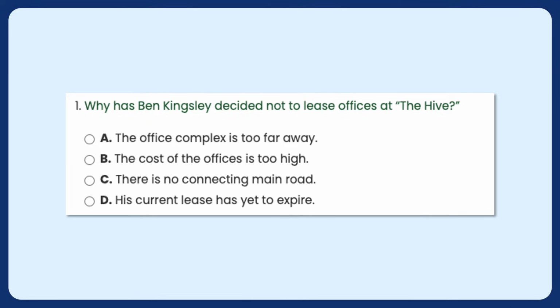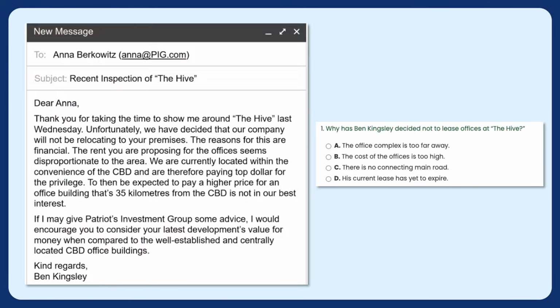Some of you might even remember why. Now, 2 of these answers are just clearly wrong. He doesn't mention D, and C is just not true. The opposite is true. There is access to a motorway. So it's either A or B. Let's take a look at the text and question together.